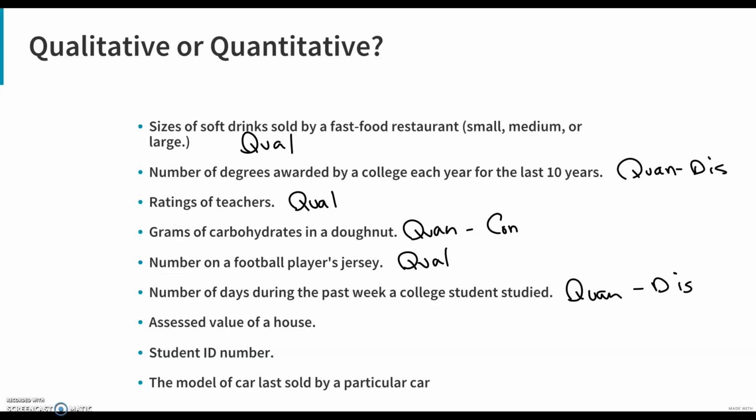Okay, assessed value of a house. Well, it could be something like that, or it could be something like that. Okay, we could list out the numbers.